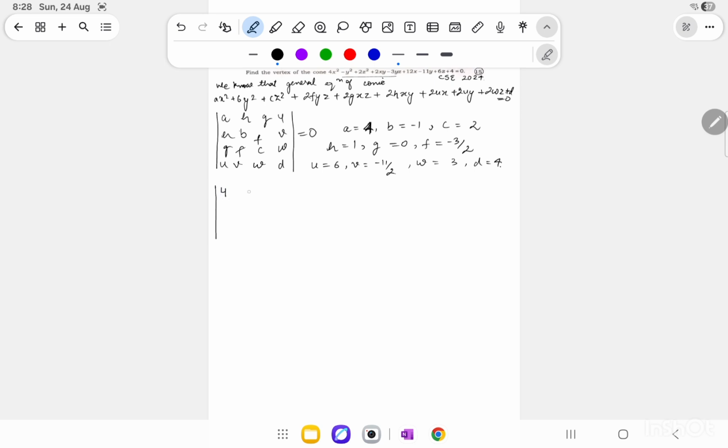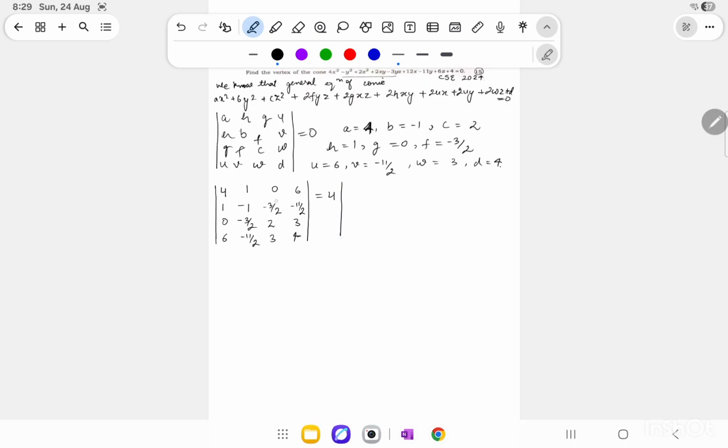So if we substitute, we get 4, 1, 0, 6 in the first row, and so on, with H as 1, G as 0, F as minus 3 by 2, U as 6, V as minus 11 by 2 and W as 3. Let us expand this and see what we get.